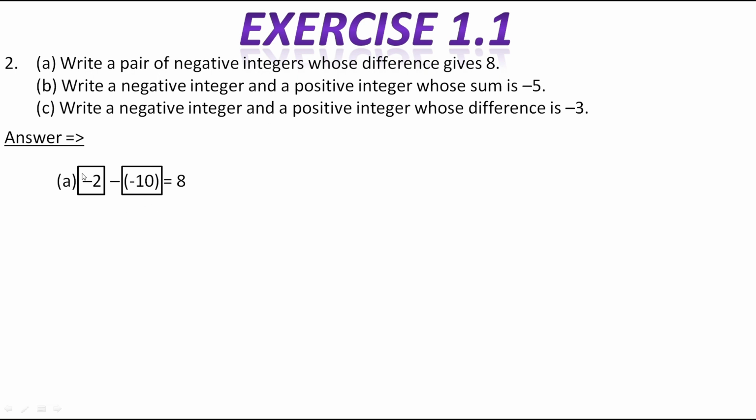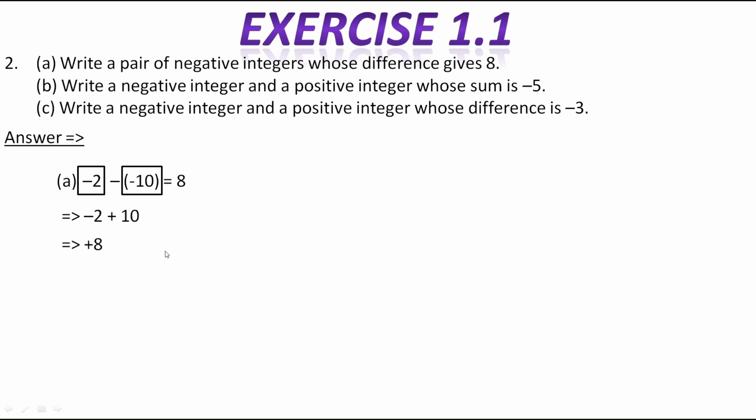We need negative numbers, and they have told us to find negative integers only. So this will become minus 2 plus 10. Now as both of them have different signs, we have to subtract. 10 minus 2 is 8 with a plus sign, because 10 has a plus sign and is the bigger number.